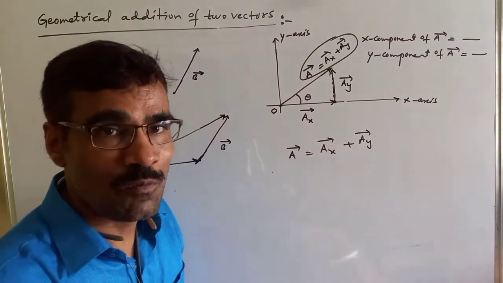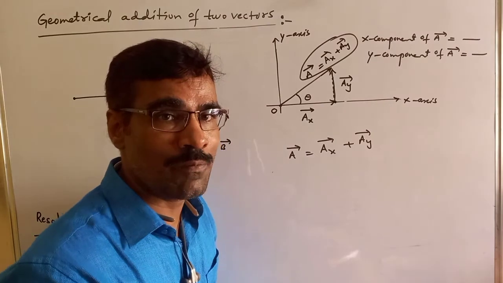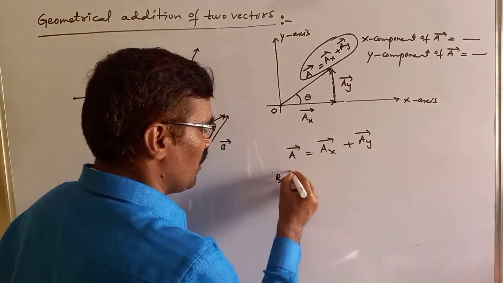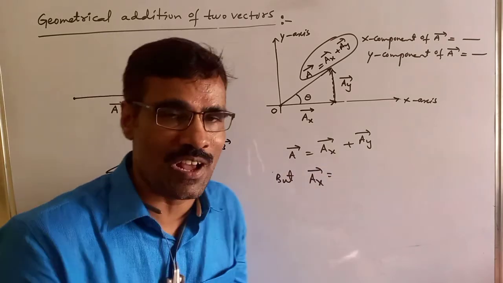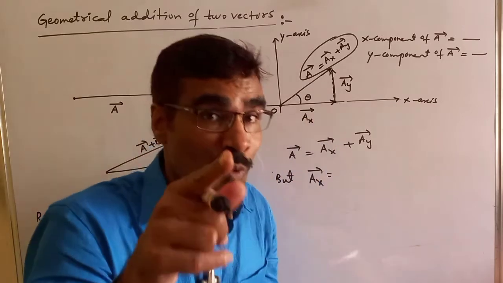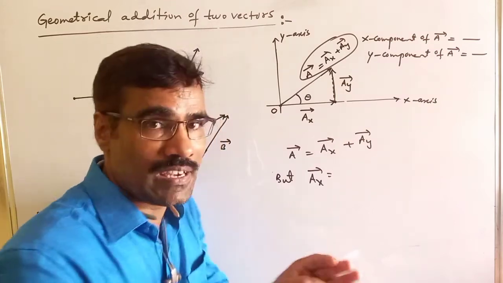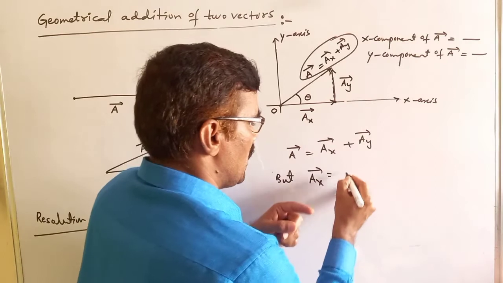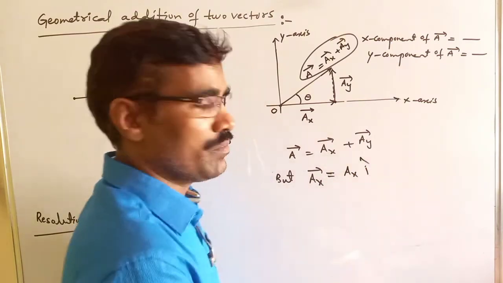Ax bar is the vector in the x direction. Ay bar is the vector in the y direction. We know the direction of Ax bar is along the x direction. What is the unit vector along x direction? I cap. For any vector, write first magnitude then direction. Magnitude along this side is Ax, direction I cap.